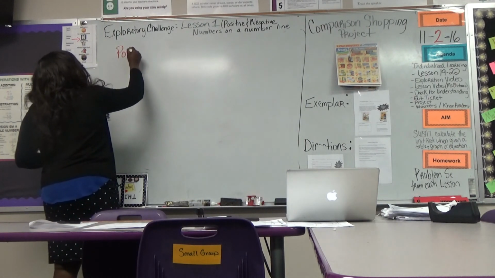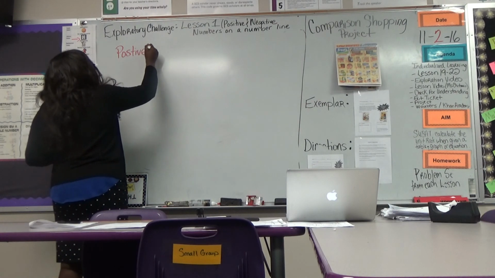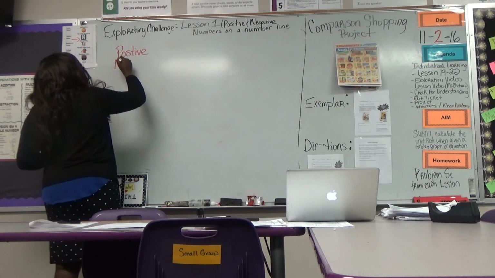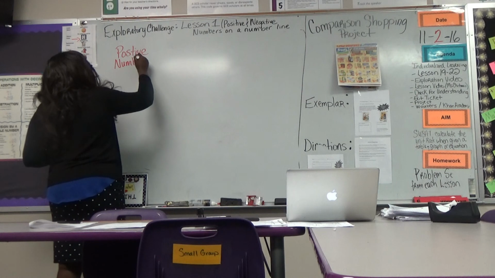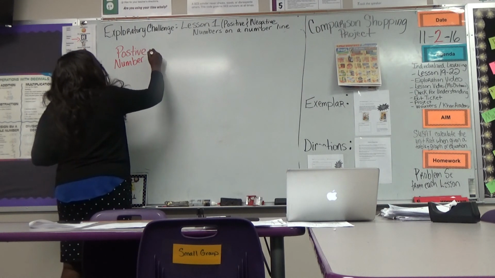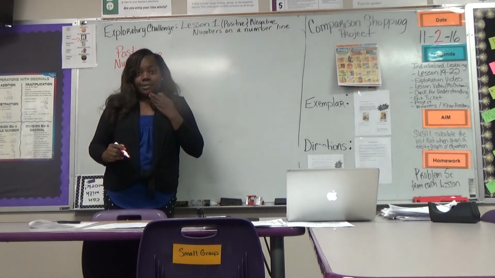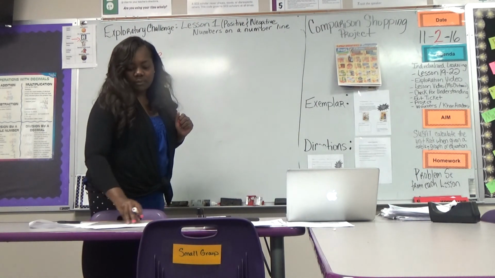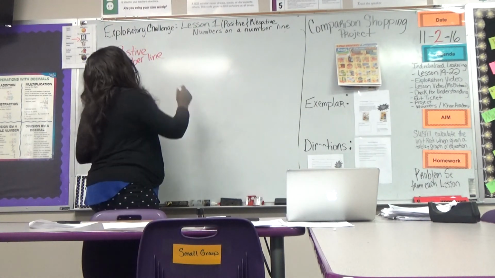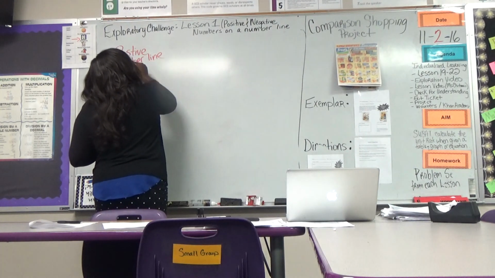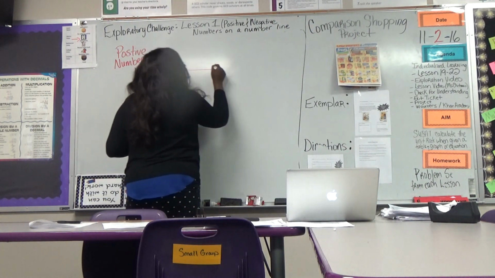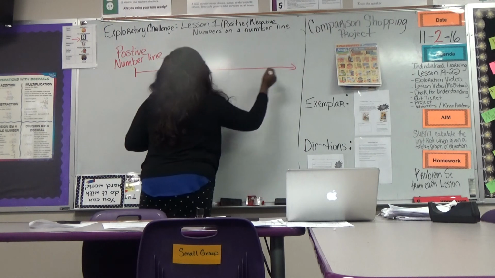The first one, on example 1, I want you to go ahead and write positive number line above this. What would a positive number line contain? It will contain whole numbers like 1, 2, 3, and 4. All right. Would I have any negative numbers on here? No, because it's a positive number line.